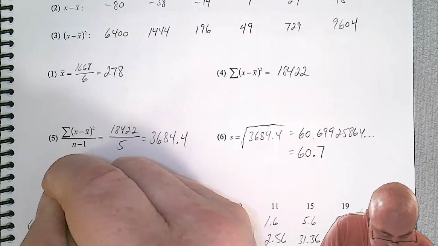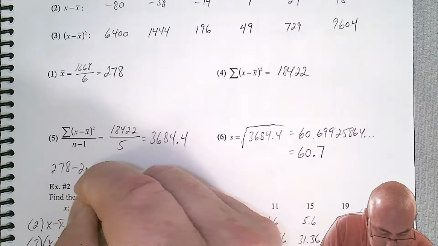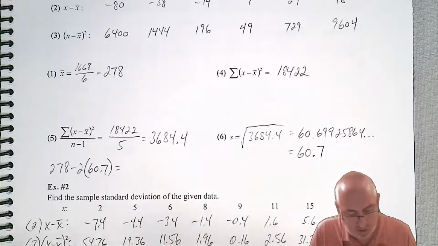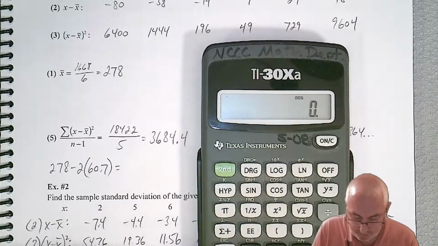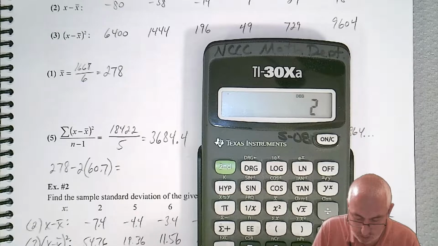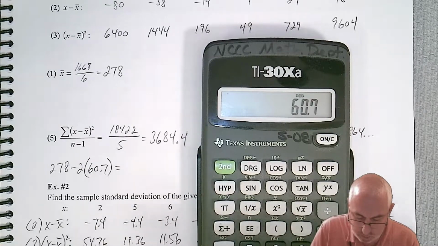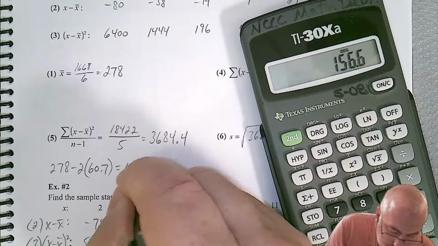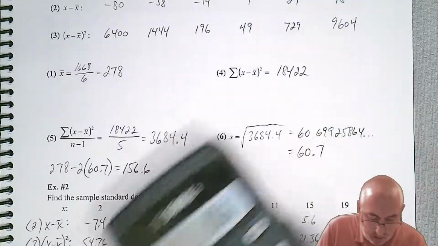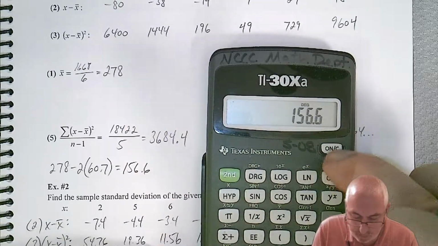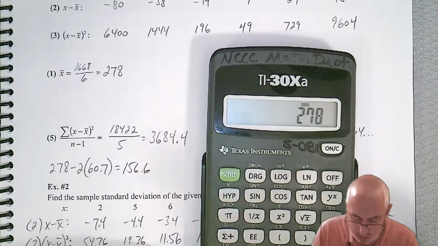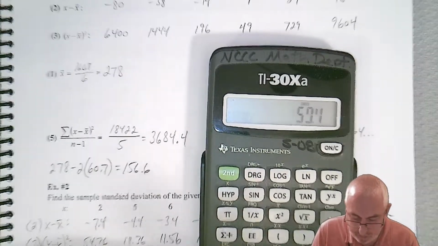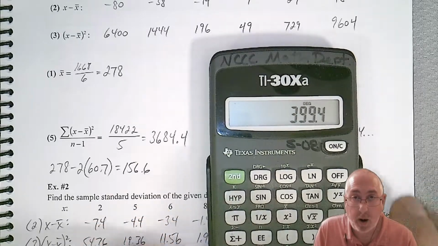We'd take 278 minus 2 times the standard deviation. If we do that on our calculator, we get 156.6. And if we do the same thing, but add, we get 399.4.